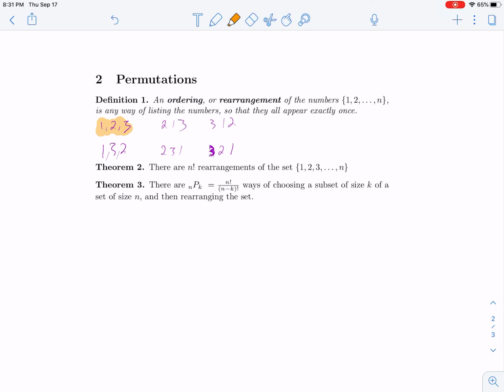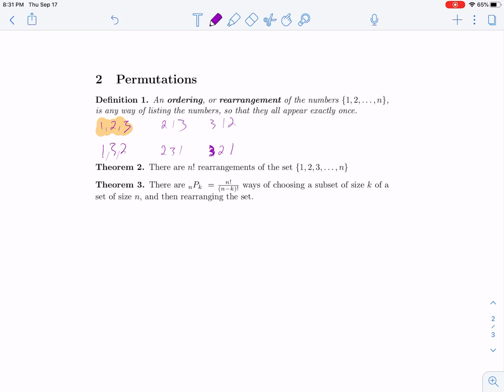So there are actually 6, because the rearrangement of doing nothing actually counts. So we're doing a lot of nothing in this class so far. But every time we do nothing, it counts for something. So there are 6 rearrangements of the numbers 1, 2, and 3.